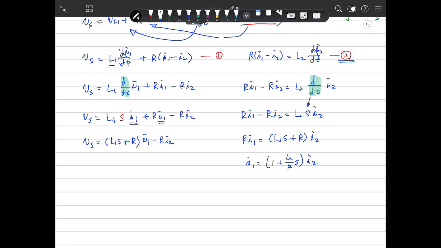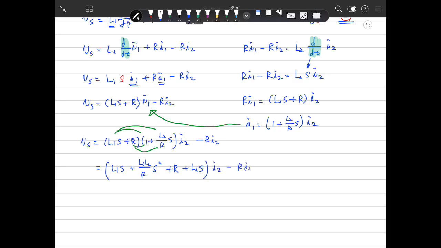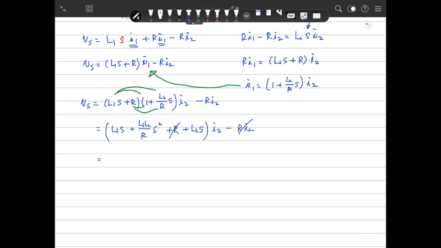Now what should we do? We should combine the two equations. We combine this equation and rewrite: Vs will be (L1 s plus R)(1 plus L2 s over R) I2 minus R I2. Then we expand. The first terms are L1 s plus L1 L2 s squared over R, plus R plus L2 s, times I2, minus R I2. Then R will eliminate each other.